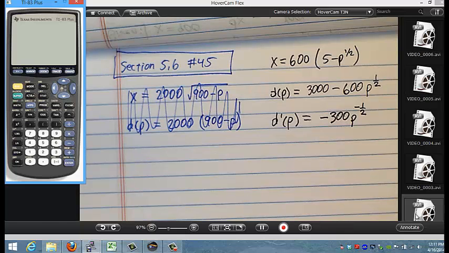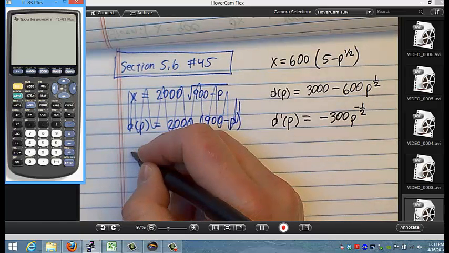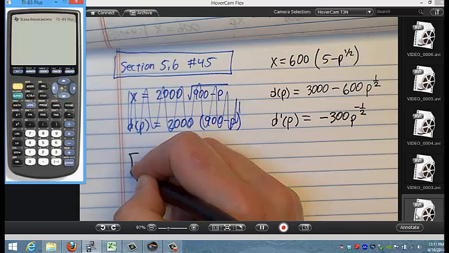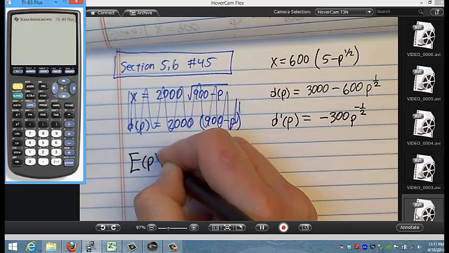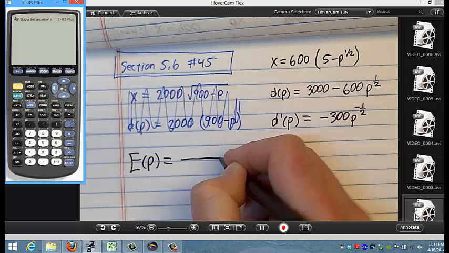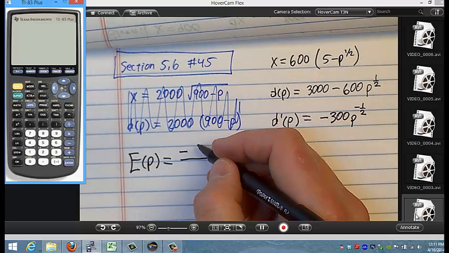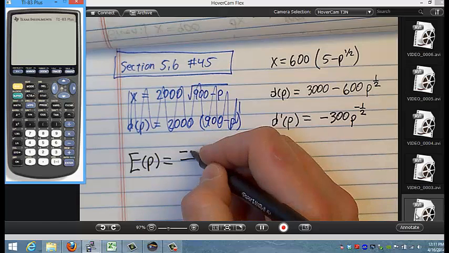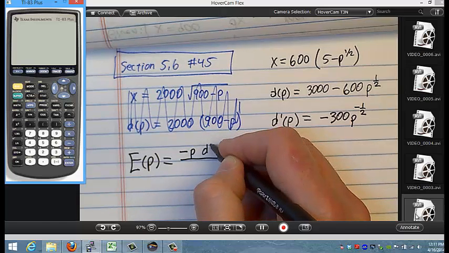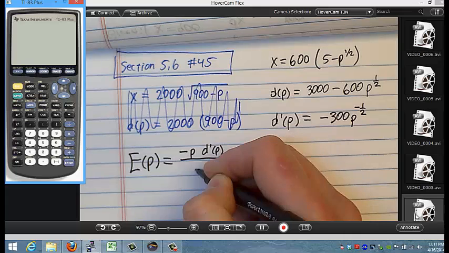So now I'm ready for my formula. E of p is given by what? Negative, and then I need p, and I need d prime of p over d of p.